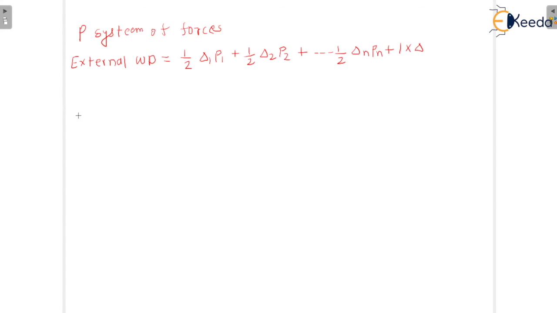Because unit load is already acting, internal work done will be integration of half of P E dV plus P dash E dV.